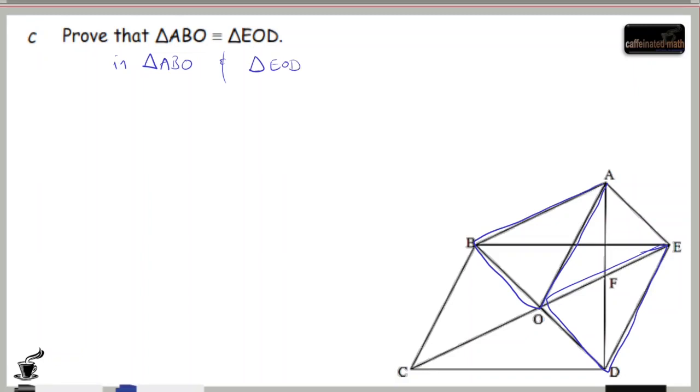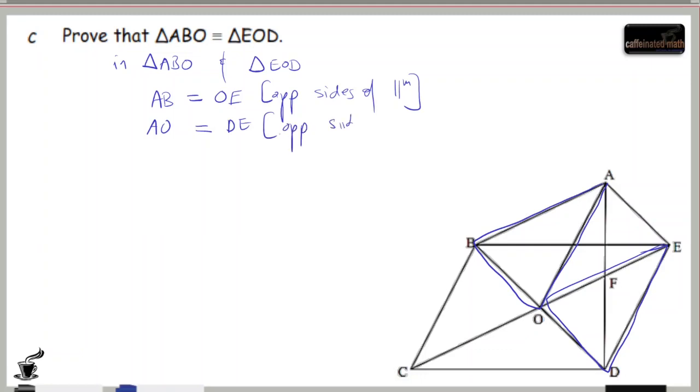I can comfortably say that AB is equal to OE because they are the opposite sides of a parallelogram, the one that I just proved, ABOE. And then the next one is going to be AO being equal to DE. Well, those are the opposite sides of that given parallelogram.